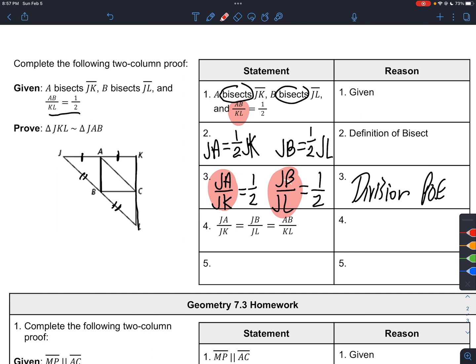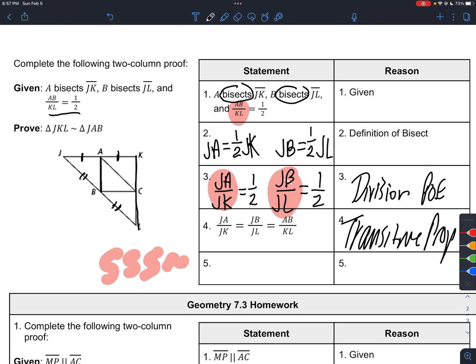We've basically identified 3 times all 3 sides, so that should hint towards SSS. All of them have the scale factor of 1/2 if they're going in the right direction. And this is put together again by the transitive property.